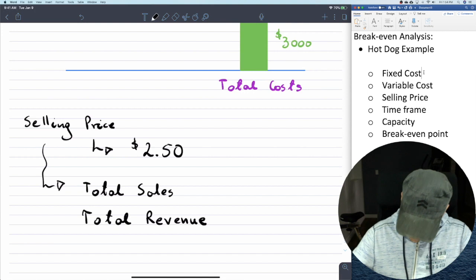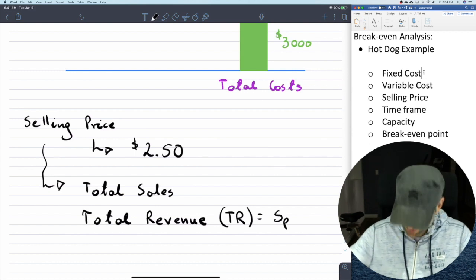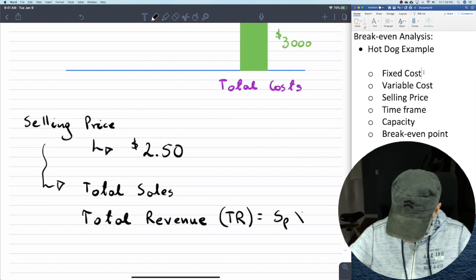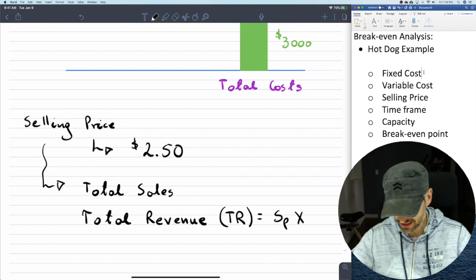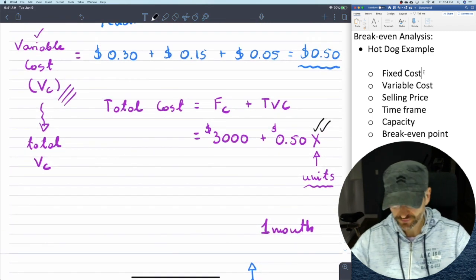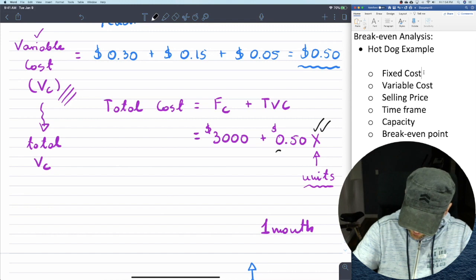Now, that total revenue, which we'll designate as TR, is always equal to your selling price multiplied by how many units you sold. Notice, we've seen this X before, because that was how many units you sold, except it was associated with your variable cost.